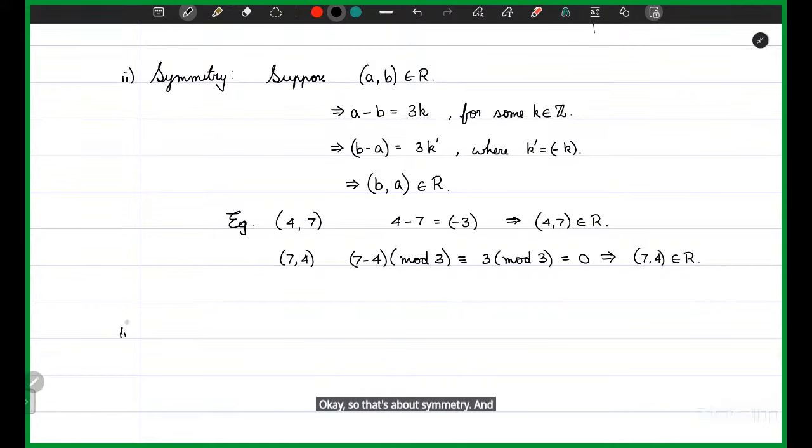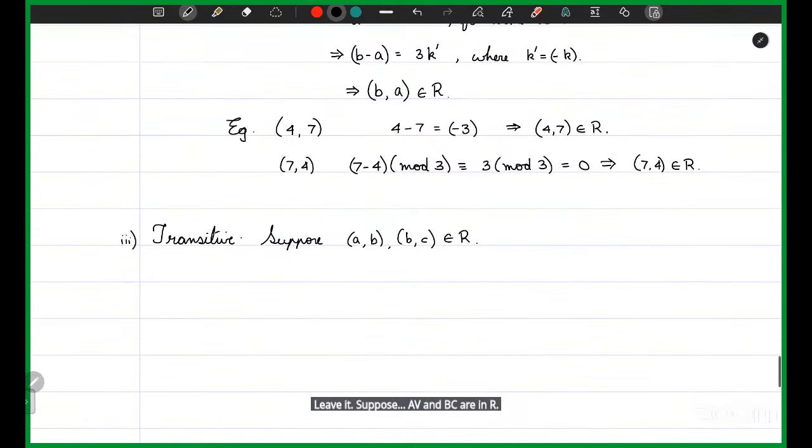And the last thing is transitivity. That was also explained, and I'll just write it down cleanly. Suppose A comma B and B comma C are in R. So what does this mean?